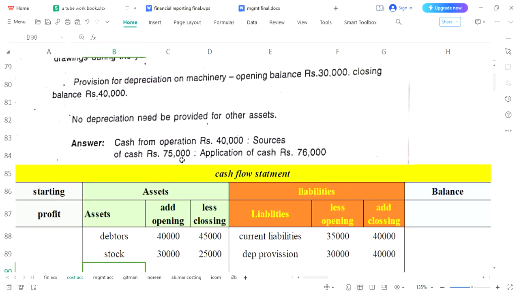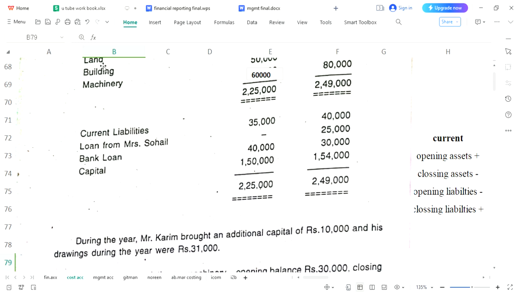Let's check it out now. There were only three assets: land, building and machinery. Now we are going to apply the same procedure upon liabilities.